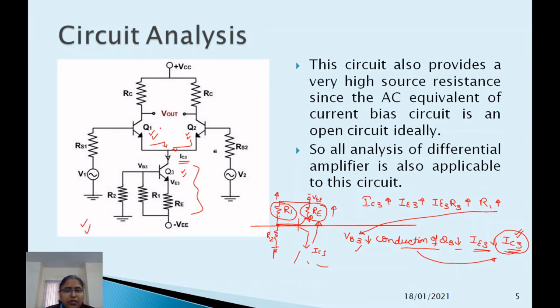Because this circuit provides very high source resistance, since for the AC equivalent circuit, this is open, so it provides a very high resistance in the AC analysis. So all the analysis which we had done in those parts is applicable to this circuit also, right?